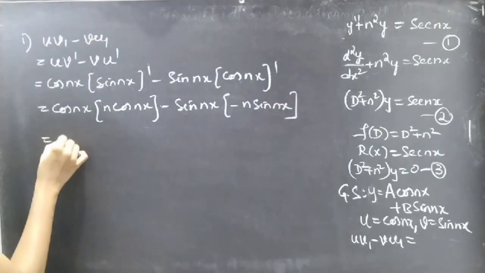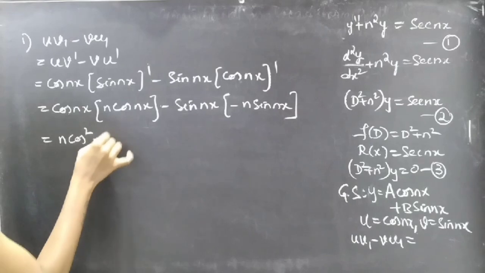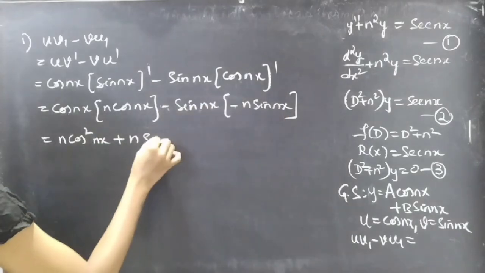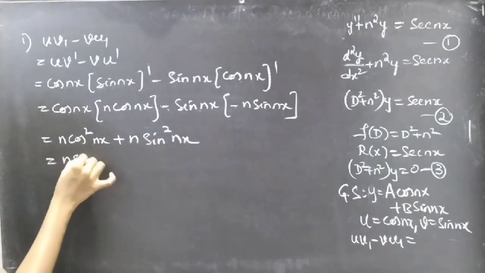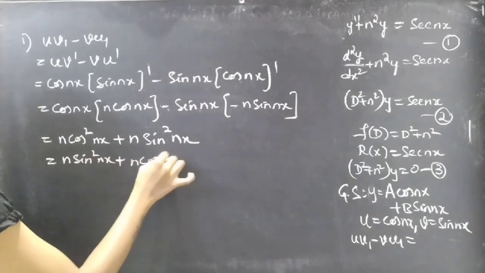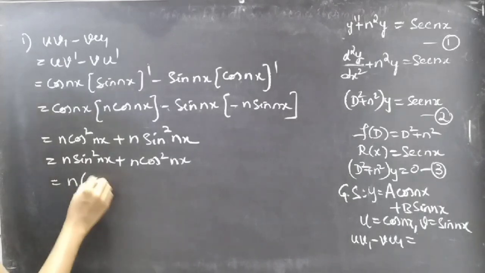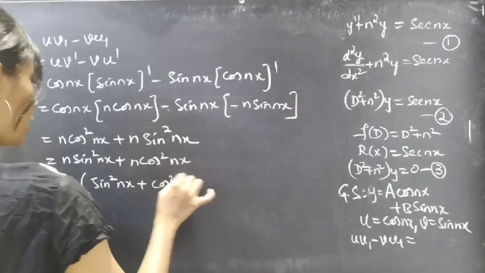which gives us n into cos nx, cos square nx, minus into minus plus n into sin nx, is sin square nx, or we can write it as n sin square nx plus n cos square nx. Now take n common from these two terms, we'll get n times sin square nx plus cos square nx.